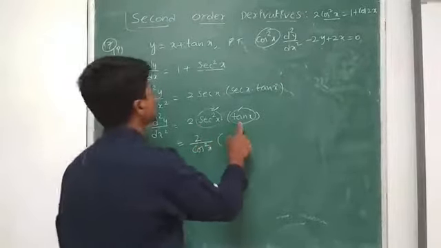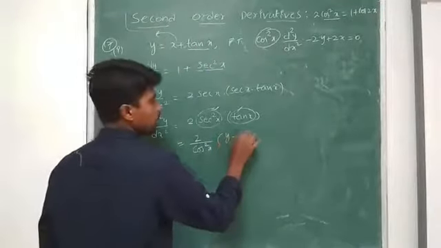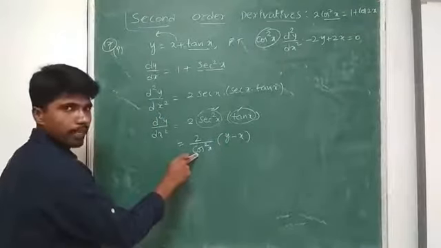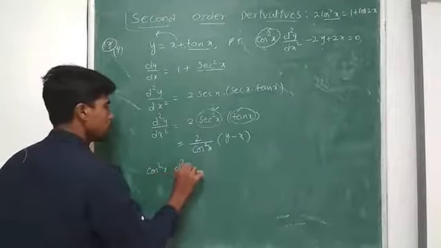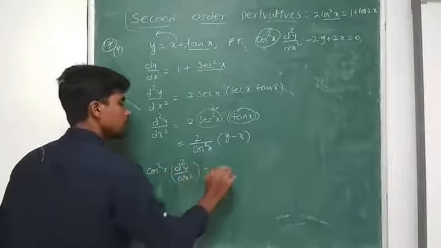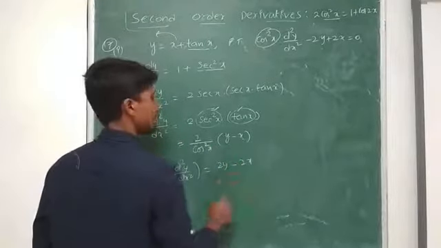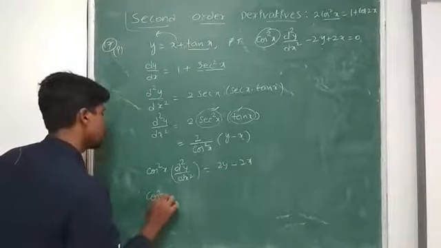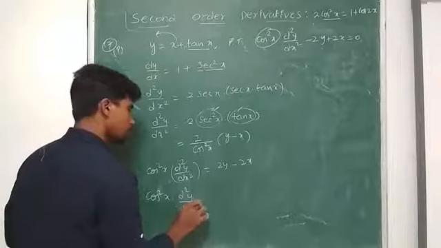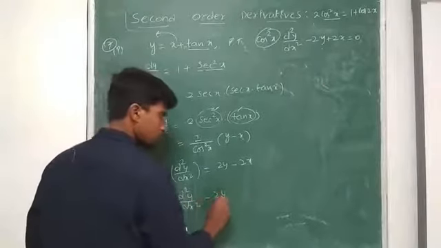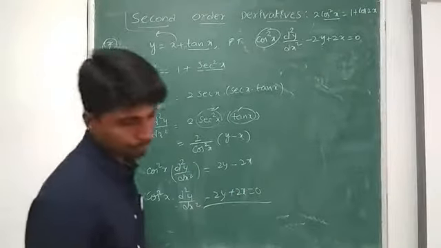How can I eliminate tan x? Tan x equal to y minus x. Now cos square x dividing, transfer to left side, multiplies. So cos square x into d square y by dx square is equal to 2 into y, 2y minus 2x. Transfer to left side, we get our answer: cos square x into d square y by dx square minus 2y plus 2x is equal to 0.